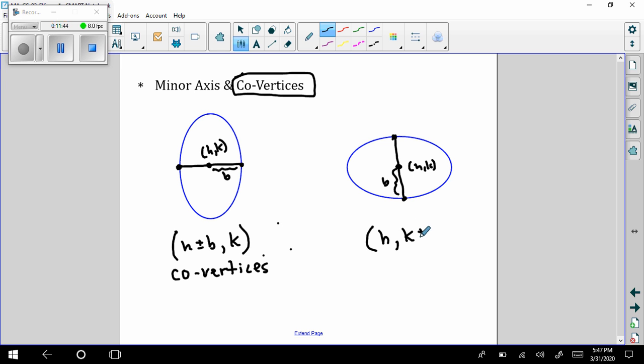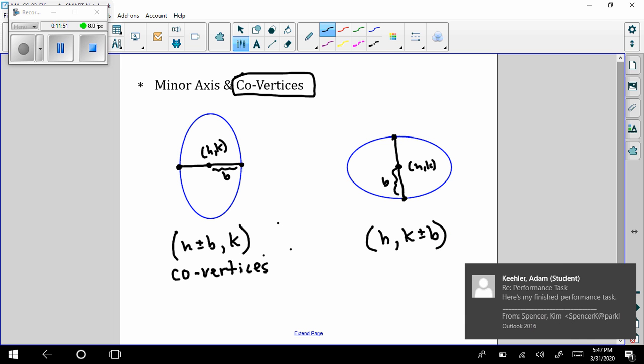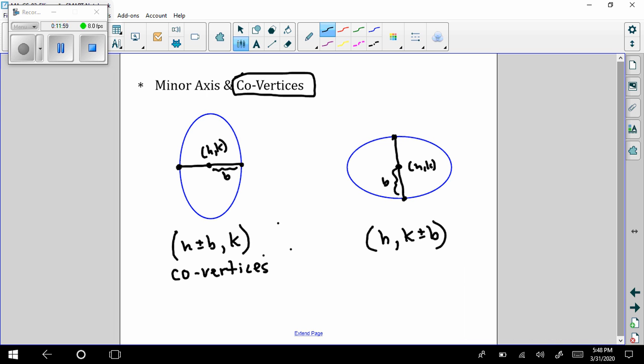And I'm going to take K plus or minus B. Okay, so remember for your major axis vertices, you add that A value to either the H or the K, depending on if it's horizontal or vertical. And for your minor axis, you use the B value. And to determine your vertices, you have to decide if you're going to add that to the H or K, depending on if it's horizontal or vertical.